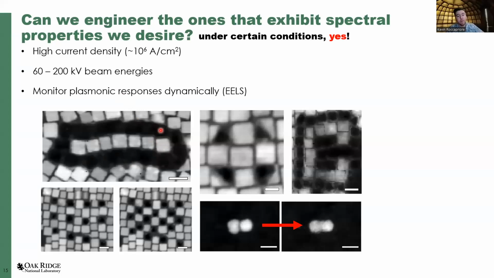If we do park the beam in one location and just leave it there, either by accident or not, we will start to change the structure. It's just much slower. And so you might even want to collect the spectrum image of some location, and then just keep doing that in time to see how this structure evolves under the electron beam.